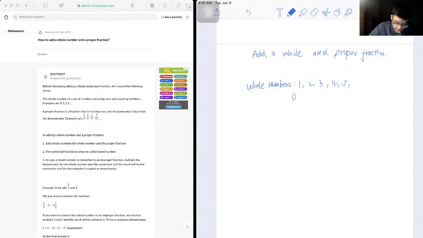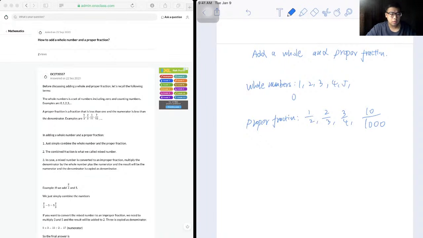So a proper fraction could be like 1 over 2, 2 over 3, 3 over 4, and 10 over 1,000.